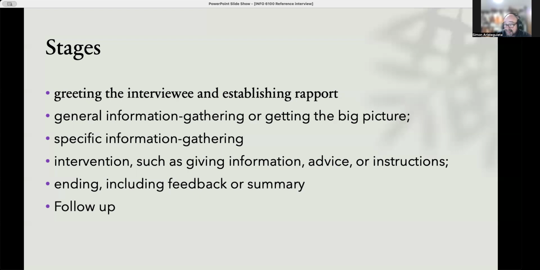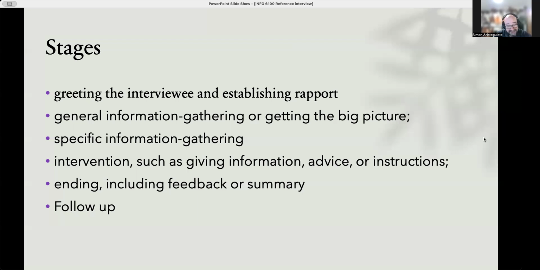The idea is that we listen patiently. We listen carefully. We don't become judgmental or take one side or another on an issue, and that we try as much as possible, in a professional way, to address the information needs of our users and our patrons.